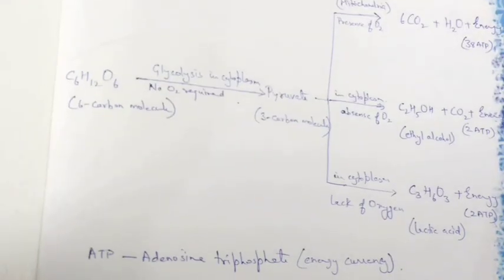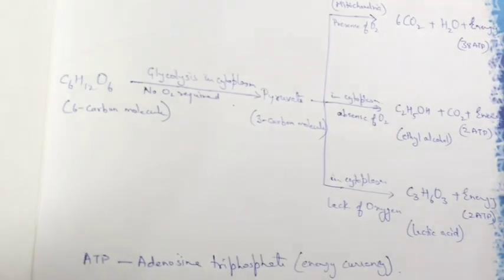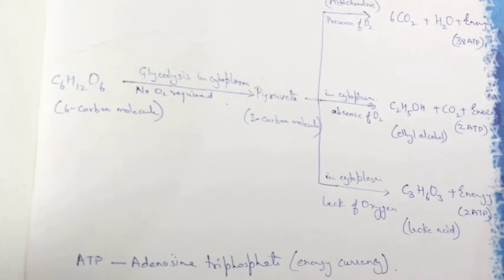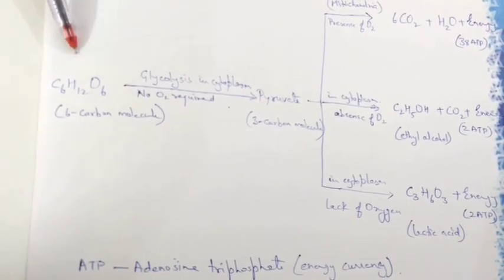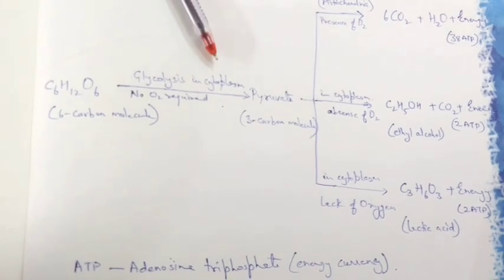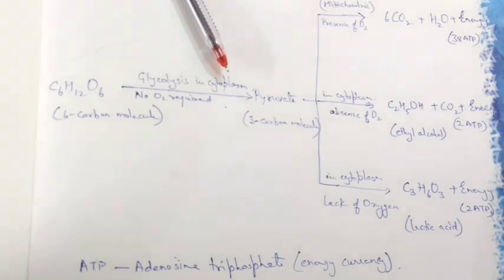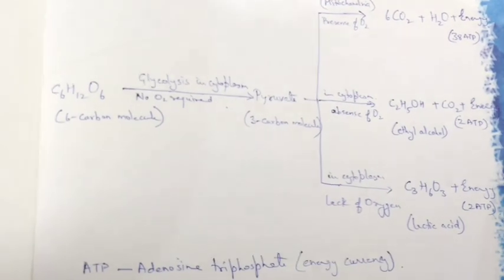Now, let's get back to the stepwise breakdown of food in the cell. In the first step, the glucose molecule, which is a 6-carbon molecule, is broken down into 2 pyruvate molecules, that is 3-carbon molecules, by the process called glycolysis.